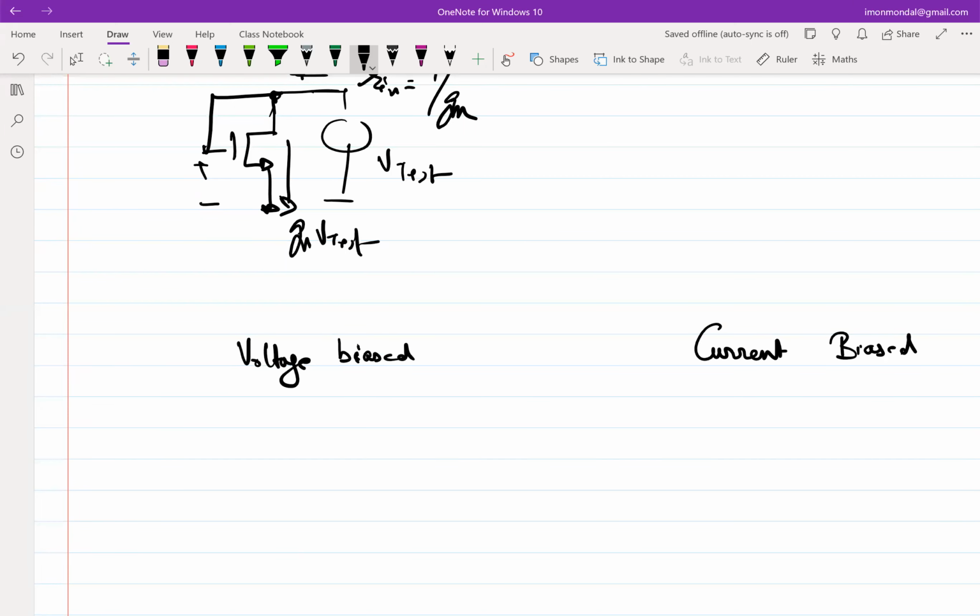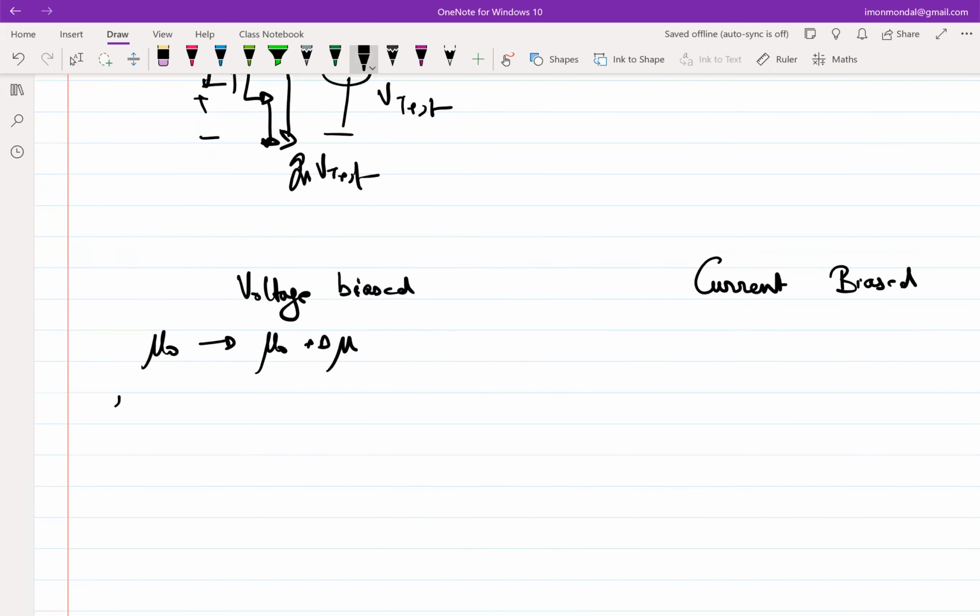If mobility changes from mu0 to mu0 plus delta mu, your GM expression is this.